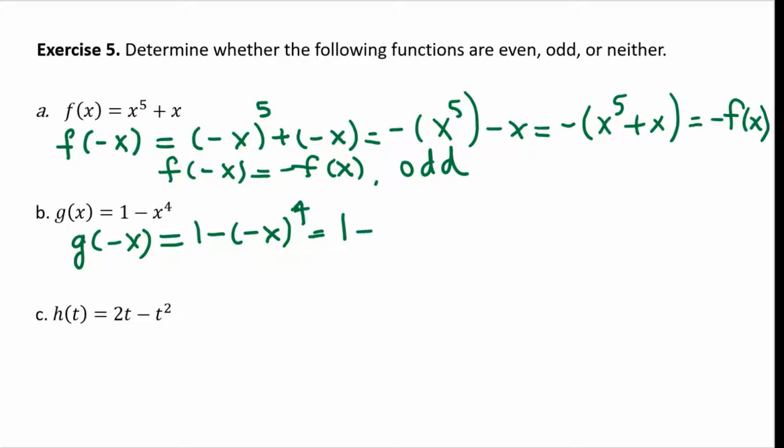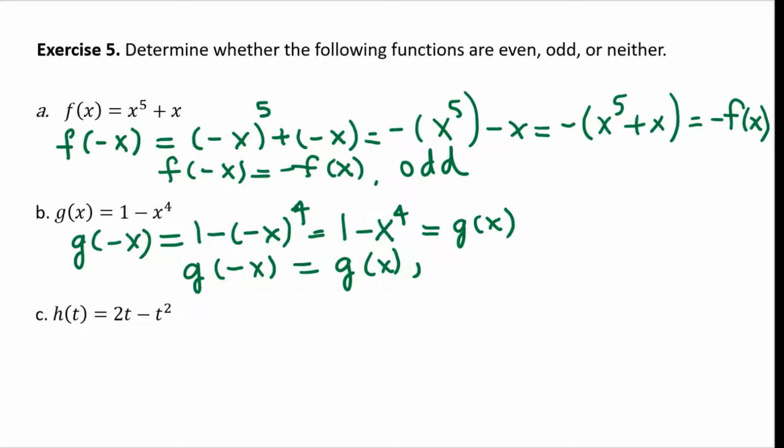That's equal to 1 minus, a negative raised to an even power is positive, so that's x to the fourth. So 1 minus x to the fourth is actually the original function g of x. We have demonstrated that g of minus x equals g of x. And so by the definition, that's an even function.